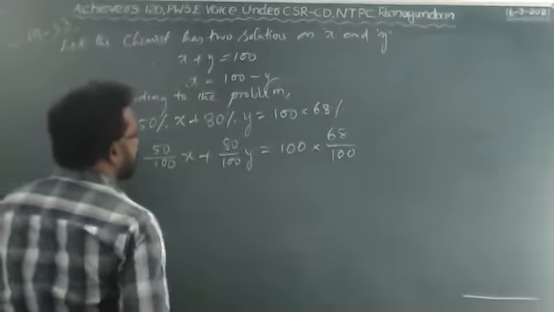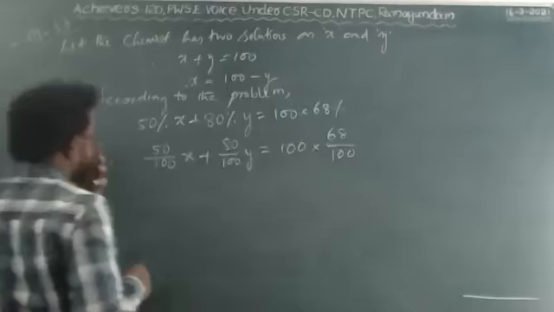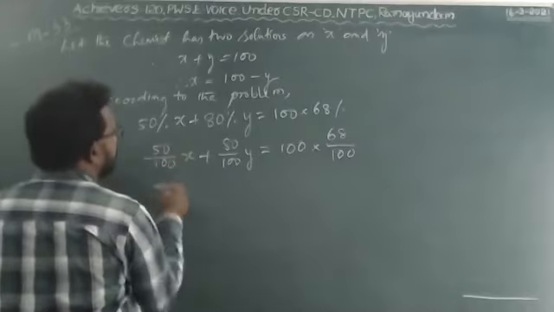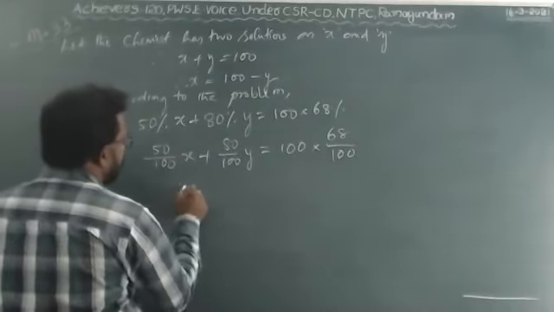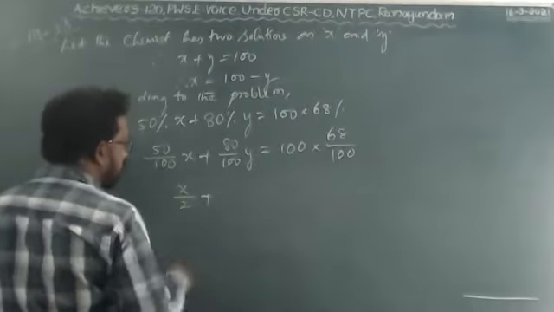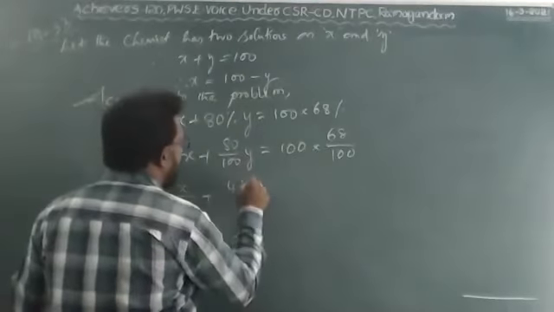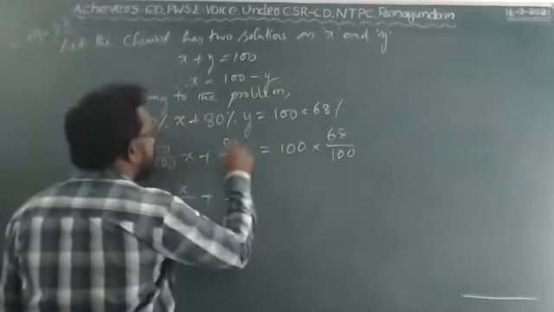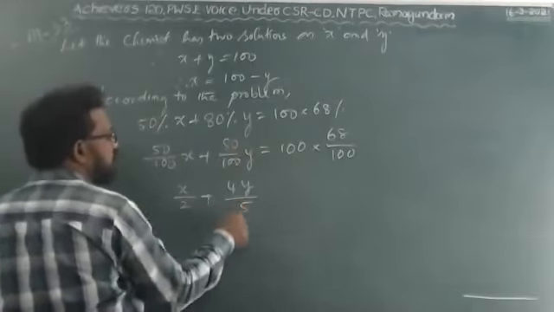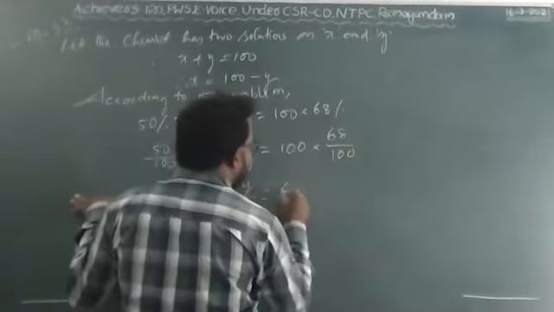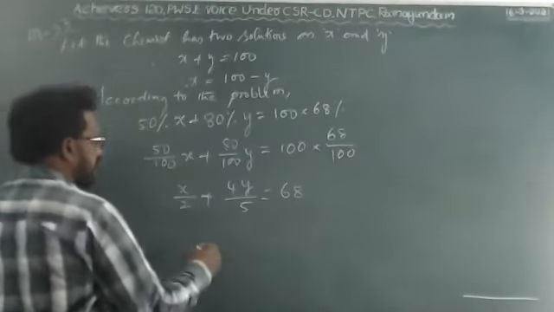See, the calculation is simple here. 50 by 100 x plus 80 by 100 y is equal to 68 by 100 of 100 ml. Here the LCM is 100.